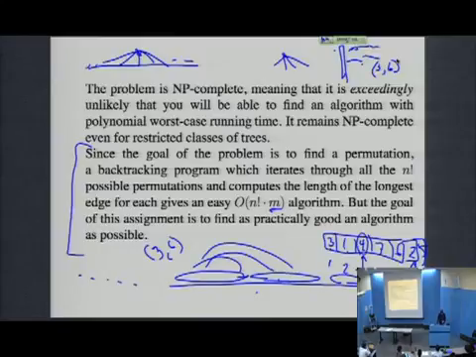Vertex 6 is on spot 2 on the line. The distance, the absolute value of 4 minus 2, is 2. That edge with this drawing would give me a length of 2. By going through all the edges of the graph and testing them against a permutation in order m time, I can figure out what is the cost of that permutation for that graph. How many people see what I'm saying?